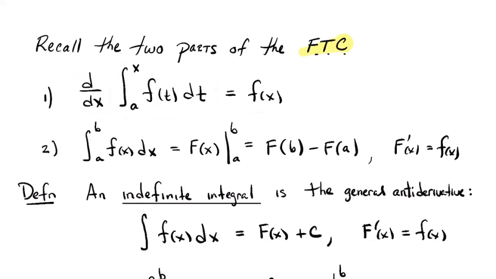All right. The second part of the fundamental theorem says that they're inverses of each other in the other way: if you want to compute a definite integral of some function, you can do it by evaluating any specific antiderivative. My capital F is just some function whose derivative is little f. And you remember our evaluation bar notation. It just means plug in the upper limit, b, subtract, plug in the lower limit.